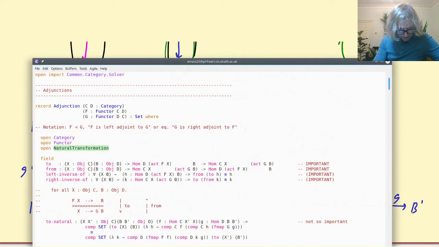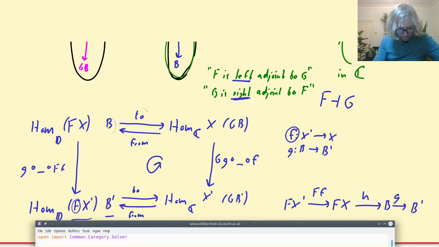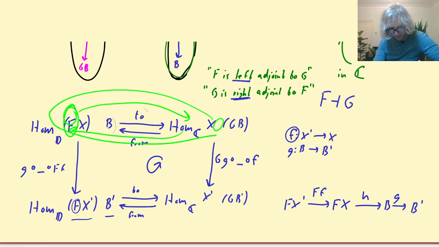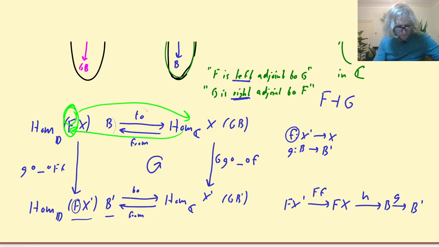And we are saying that they should be inverse to each other. So if I start over here, I use to go here, and I use from to go back, then I should get back to the thing I started with. Right? And similarly, if I start here, use from and then to, then I should go back to the place where I started. And that's what it means to be a bijection.